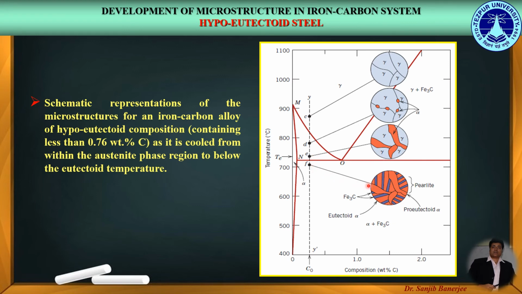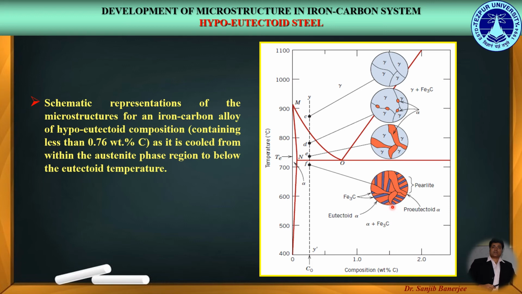So, in this microstructure, we can see the pearlite phase, which consists of the lamellar layers of ferrite and cementite. We can see over here the eutectoid alpha, that is the alpha which is formed due to the eutectoid reaction.